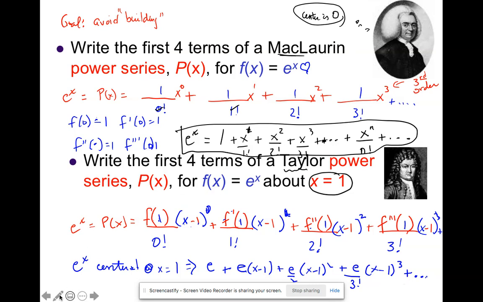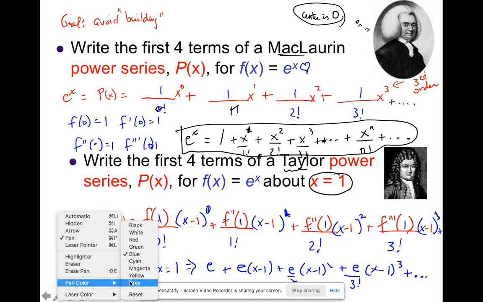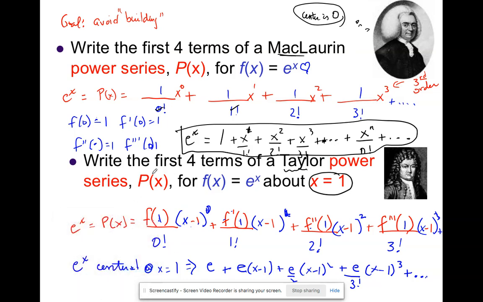Okay, what if I wanted you to use this approximation? Use the first 4 terms to approximate e to the, not e to the 1, right? E to a number close to 1, so maybe 1.1. So use the first 4 terms, which means truncate the polynomial.